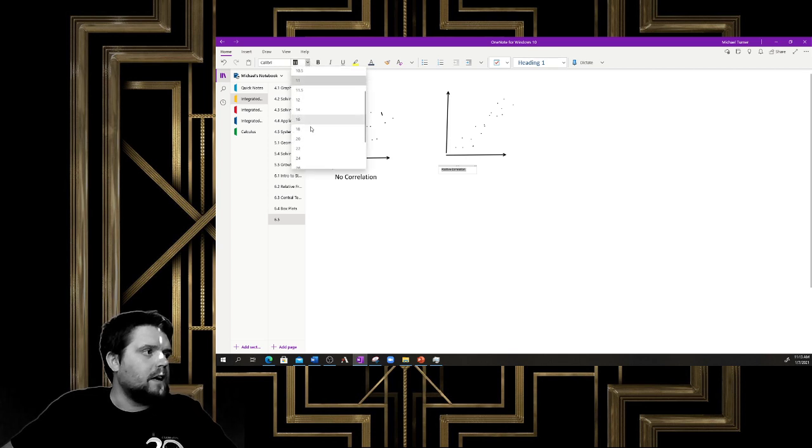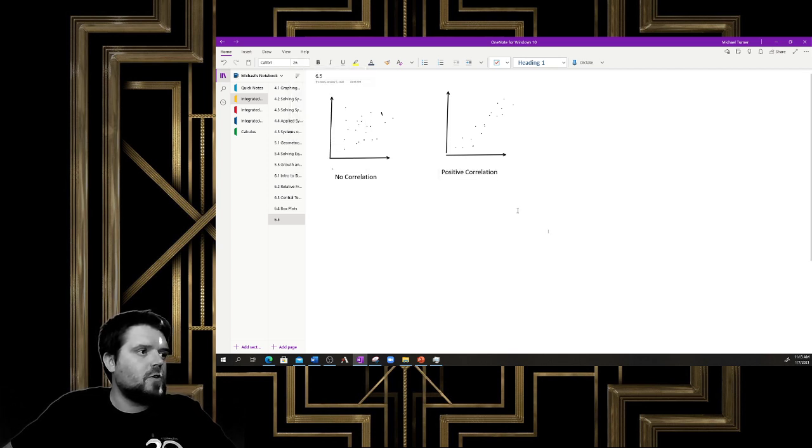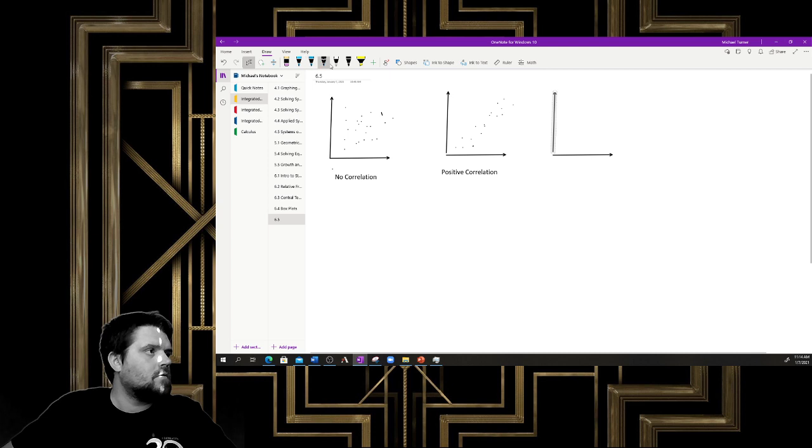And lastly, if as one is increasing, the other is decreasing, then that's referred to as negative correlation.